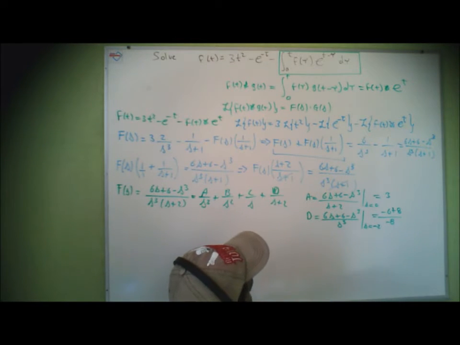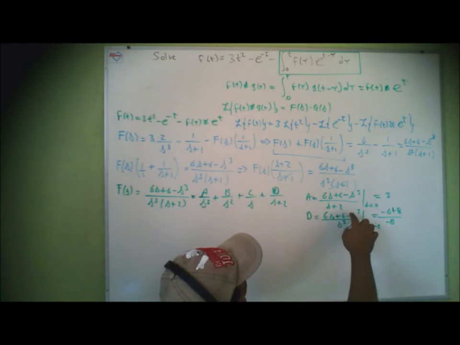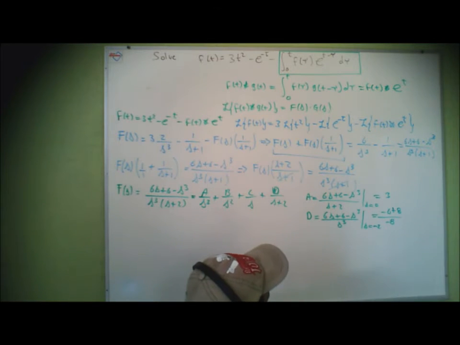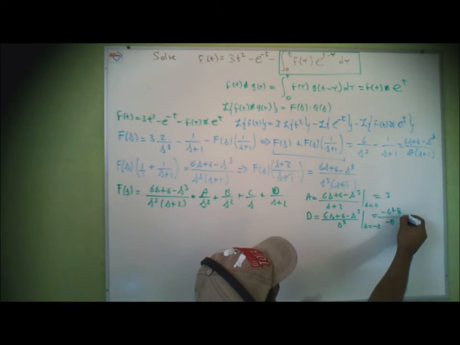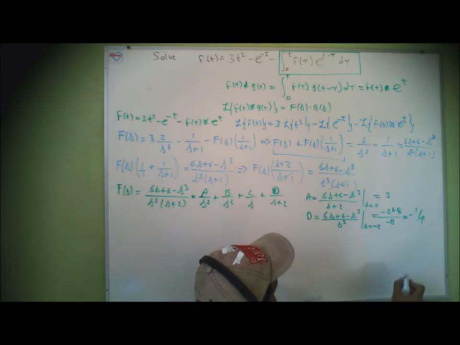Okay, just let me check. Minus 12 plus 6 minus 6, and then plus 8. Okay, so it's going to be 2 divided by minus 8, which is minus 1/4.